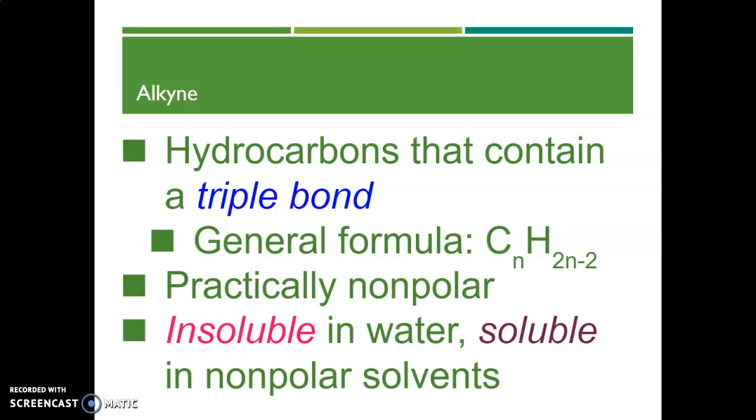When we say something is insoluble, it just means that it can't be dissolved in that particular substance or solvent. In this case, we're saying water. Alkynes, and really nonpolar compounds in general, need to have a nonpolar solvent or substance to dissolve them in. One of the ways that you can think about that is a lot of oil-based substances.